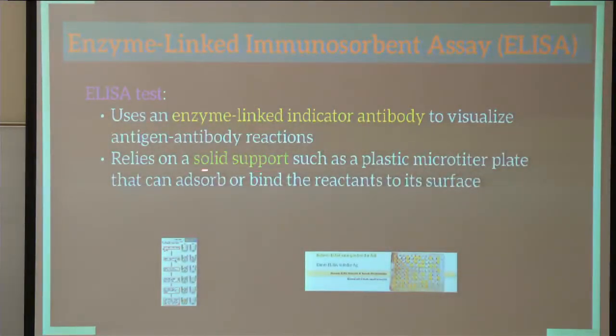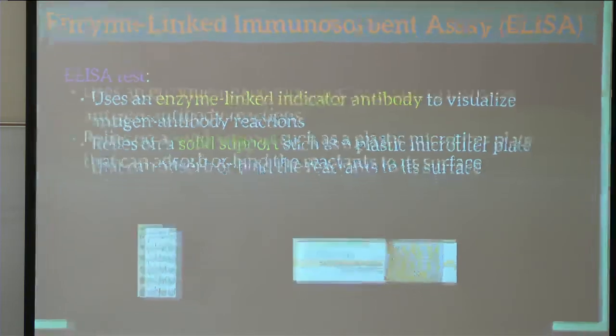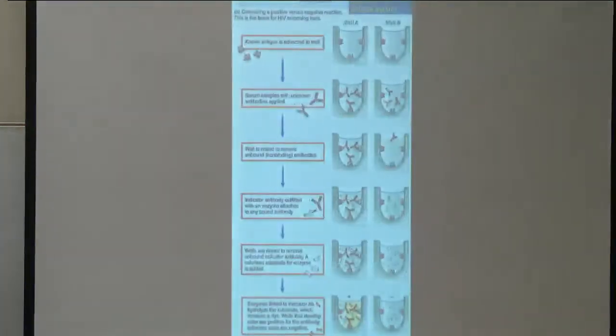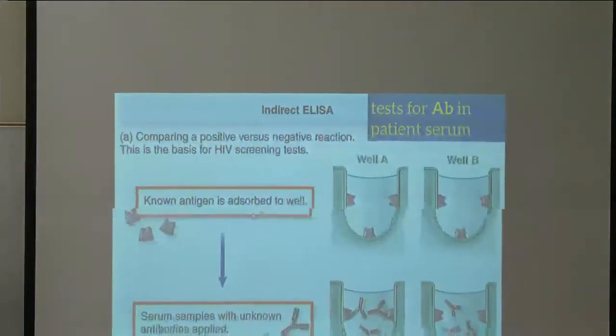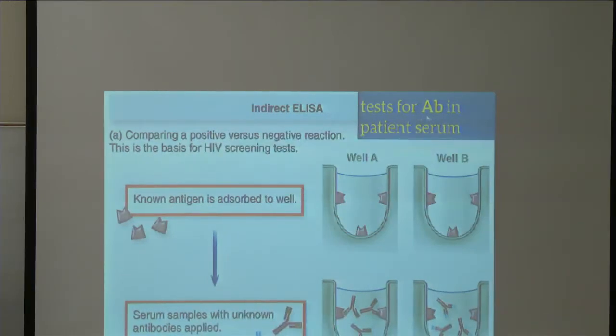Okay, so you need that solid support, like that microtiter plate, because these molecules need to stick to the well. They need to stick to the sides of the well. All right, so we're just going to run through these steps. You'll see a few similarities to the Western blot as far as antigen-antibody affinity for each other. So indirect ELISA, testing for antibody, again.